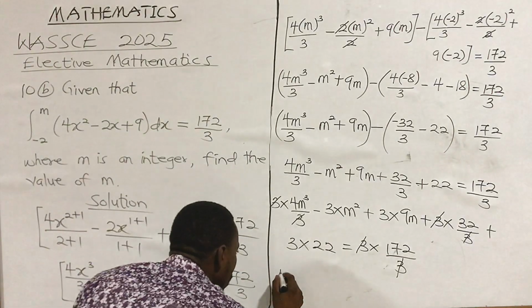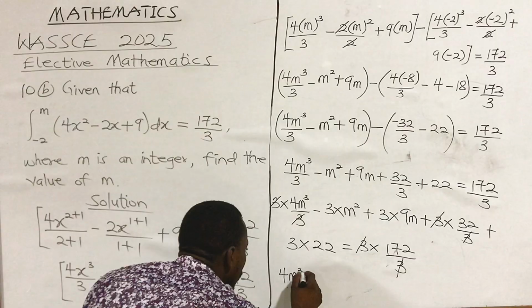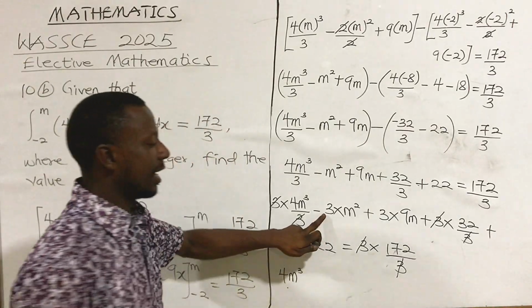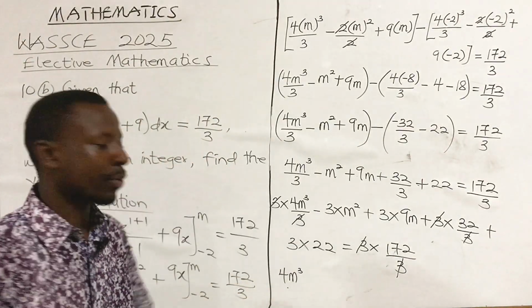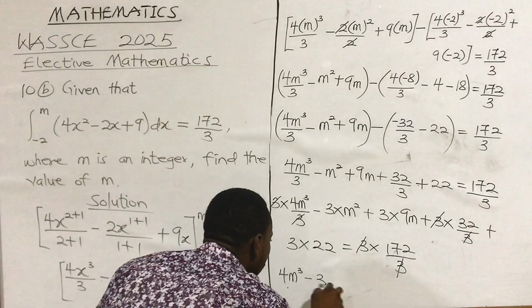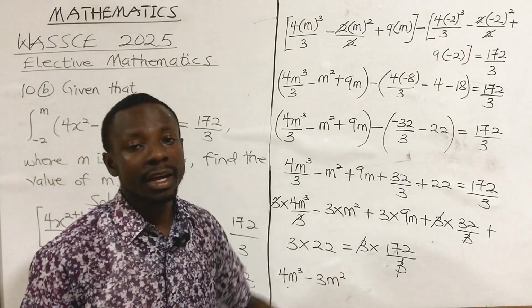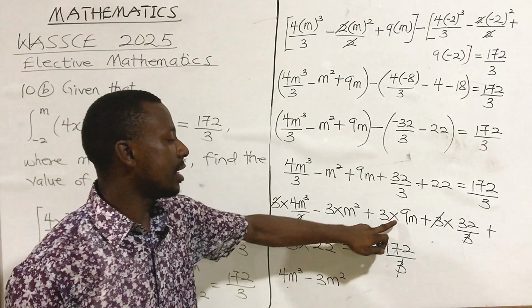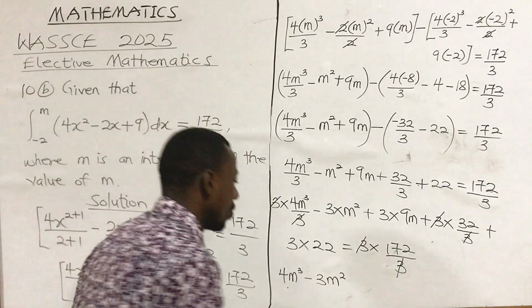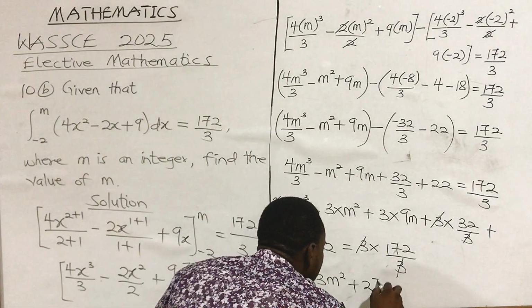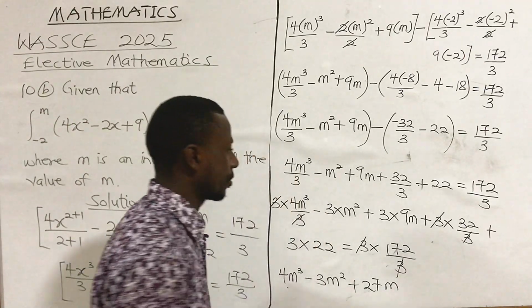So we have 4m cubed, and here we have minus 3m squared. Then 3 times 9m, we have positive 27m.